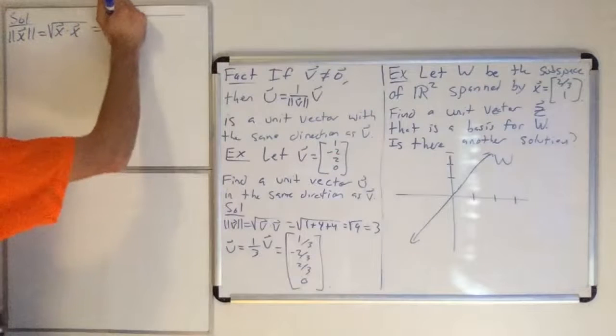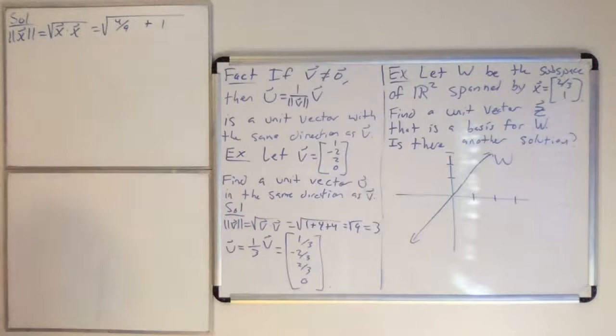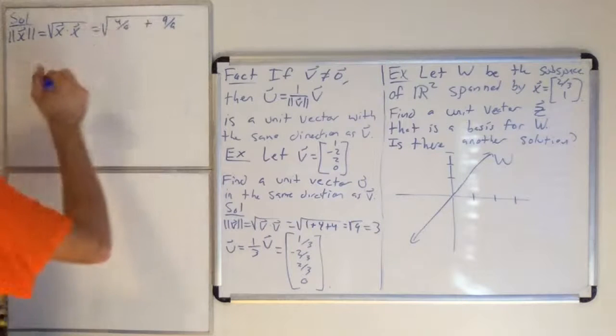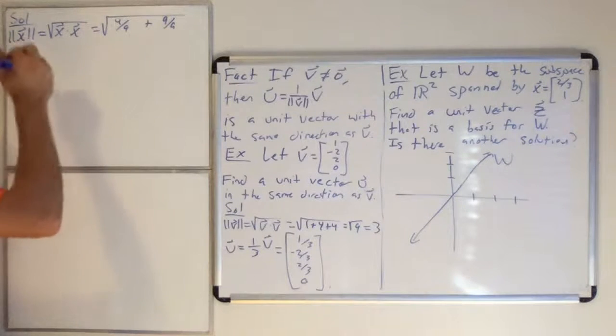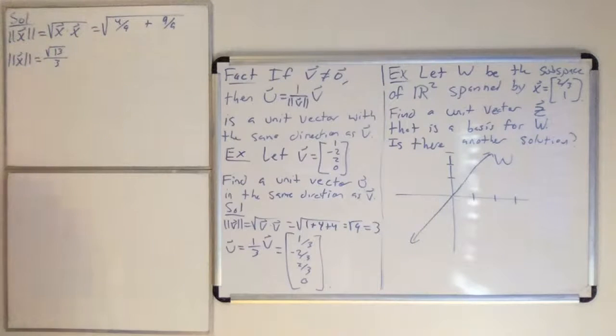So 4/9 plus 1. Well, 1 is the same thing as 9/9. So we get the length of x is equal to square root of 13 over the square root of 9, which is 3.